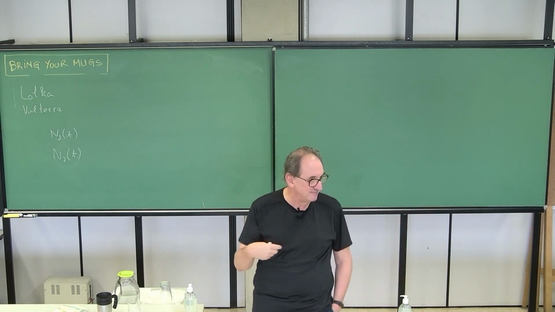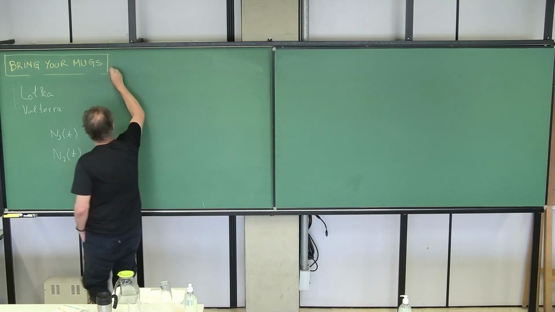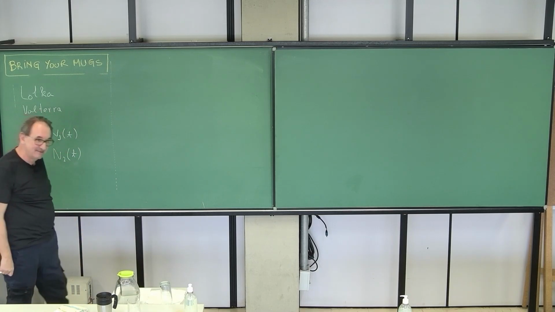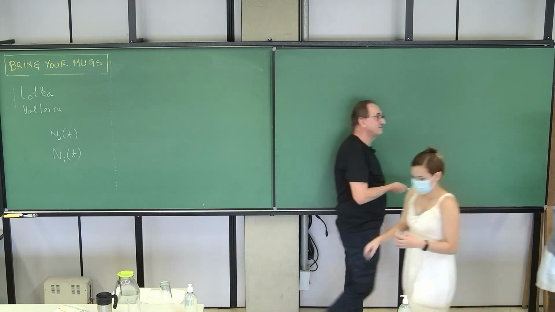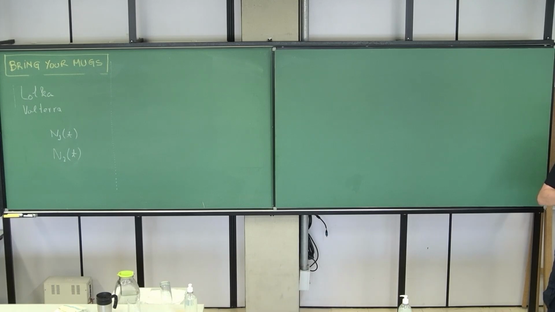So our first assumption is that in the absence of the other species, when they are not in interaction, each of them would have a logistic growth.